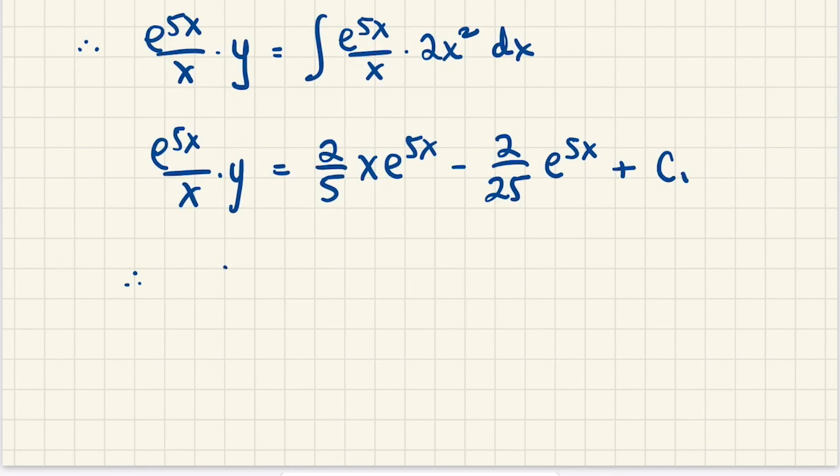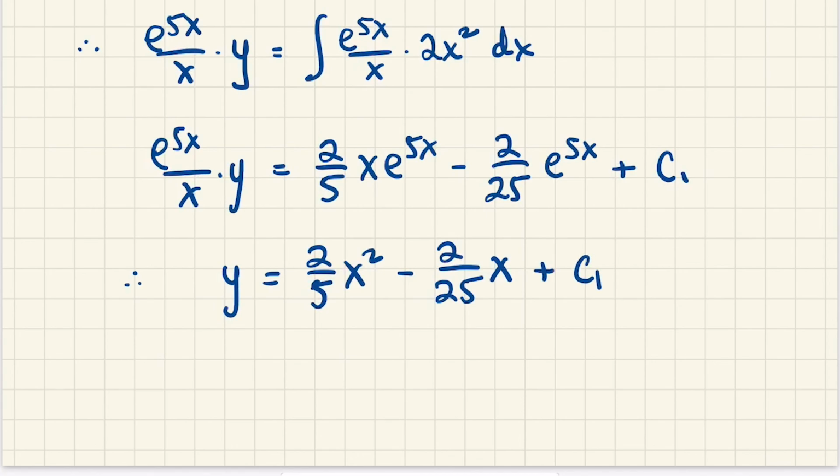So we get y is equal to 2/5 x squared minus 2 over 25 x plus c1 x e to the negative 5x. And that's our general solution.